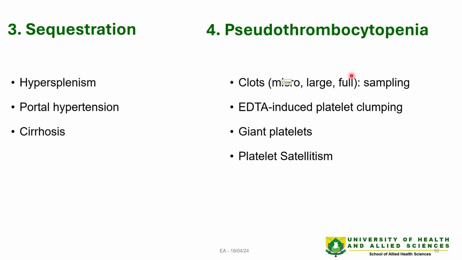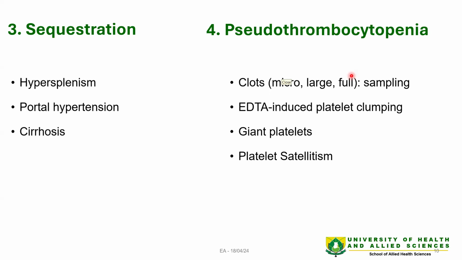Then you also have giant platelets. So these giant platelets are, like the name depicts, very large platelets, and unfortunately, although this is causing a pseudothrombocytopenia, it is actually something that is happening within the body of the patient.